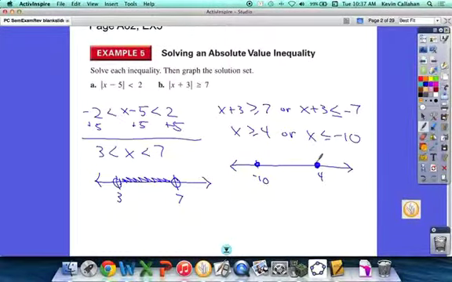and then the shading, x greater than or equal to 4, that's telling you that the shading is to the right of 4, over here, and that's telling you that it's to the left of -10. And it's tied together with the word or because there's no way that one value could be both less than -10 and greater than 4.